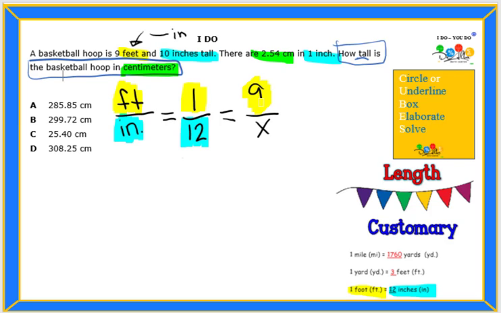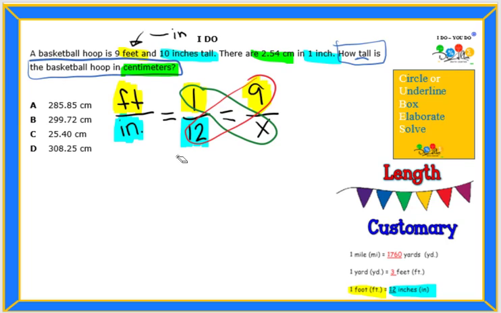Now that I have that, I'm going to use my cross products, and I can do 9 times 12 is equal to 1 times x.